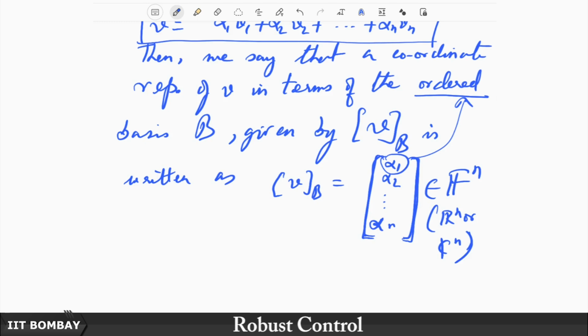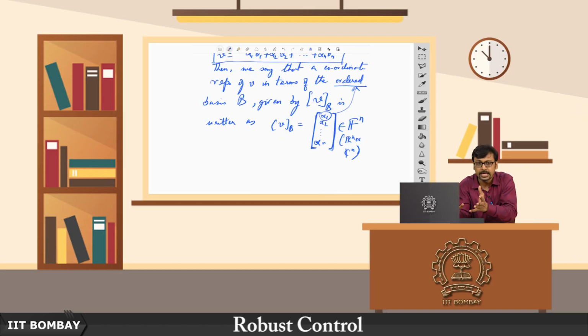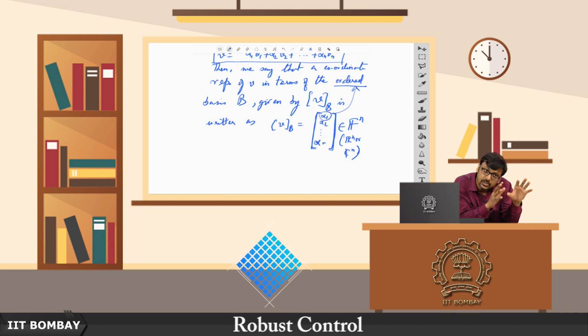So every linear map between two vector spaces can be related to a matrix between two Euclidean spaces which transforms a vector in one Euclidean space to a vector in another Euclidean space, and subsequently we will introduce the ideas of the rank of a matrix, and we will see that this rank of a matrix also relates to the size of the so called image space of the linear map that we have defined in the abstract vector space, okay.